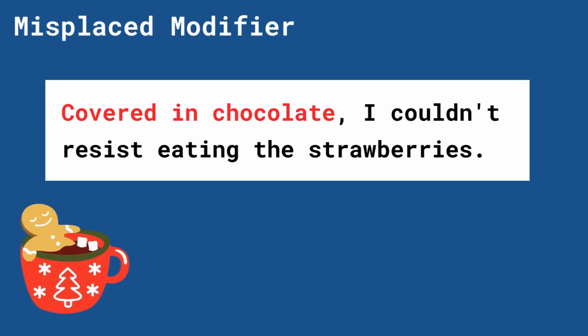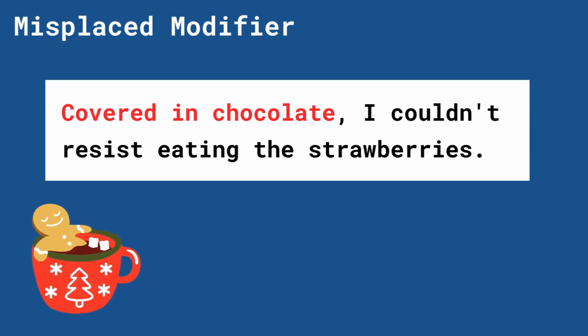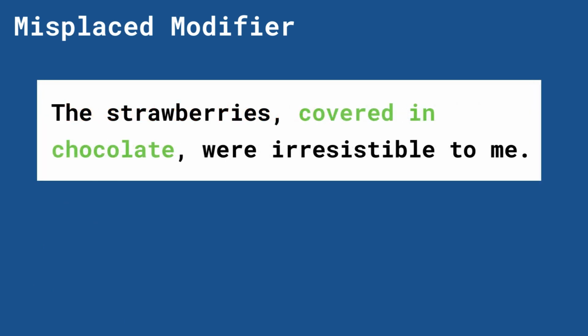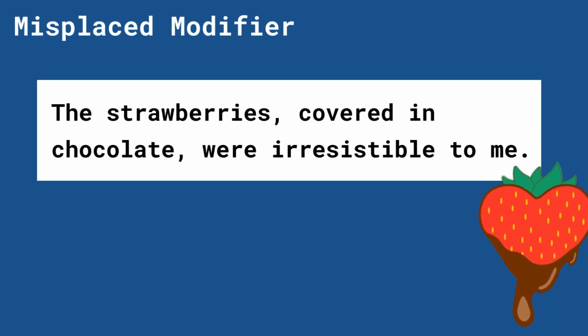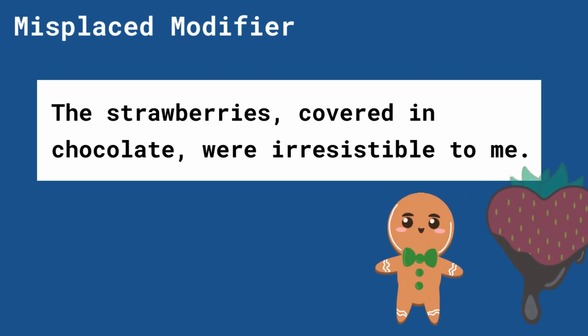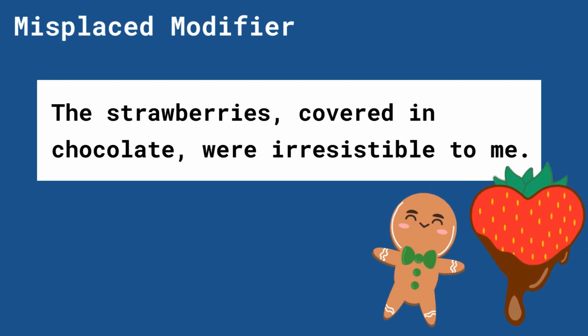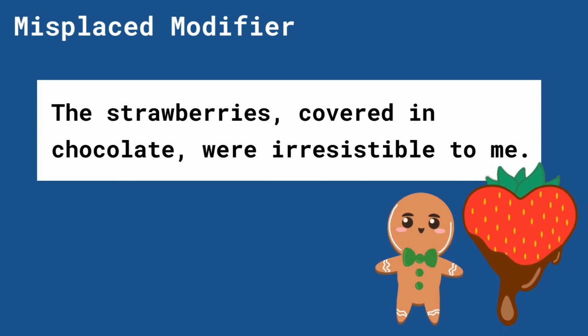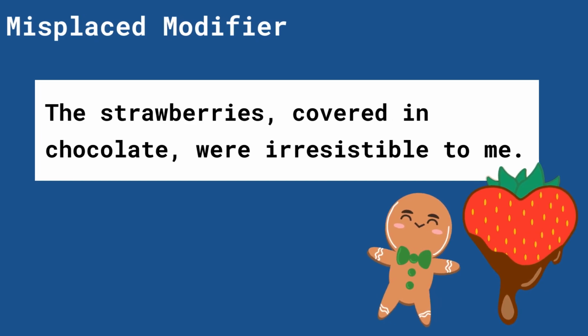The misplaced modifier, covered in chocolate, implies that the speaker is covered in chocolate. To fix this, you move the modifier after the subject, strawberries. "The strawberries, covered in chocolate, were irresistible to me." Placing the modifier next to the strawberries clarifies the intended meaning. But being covered in chocolate also sounds pretty good.